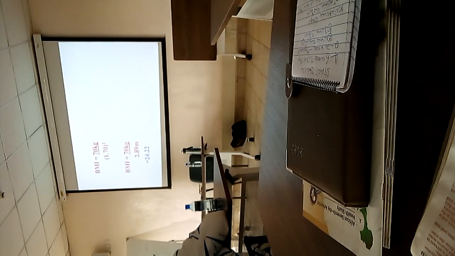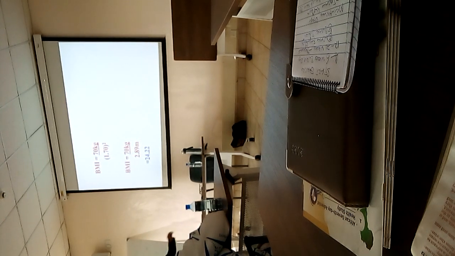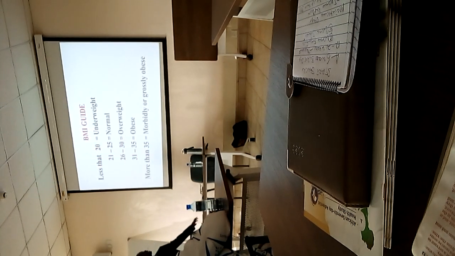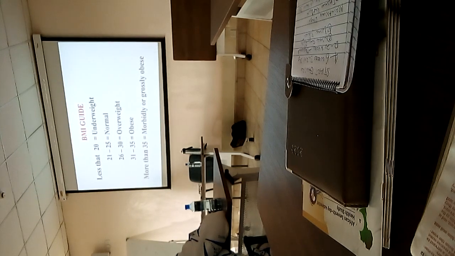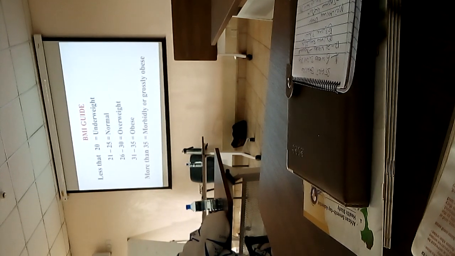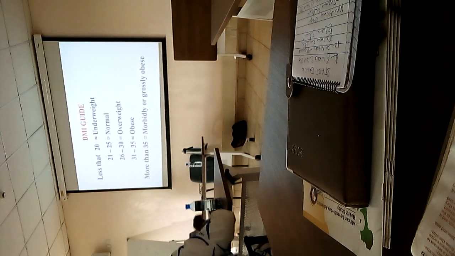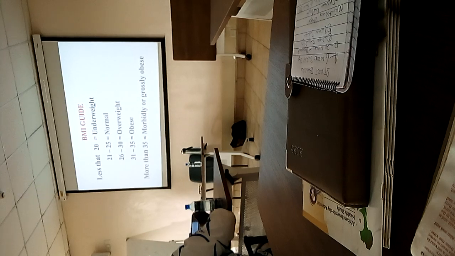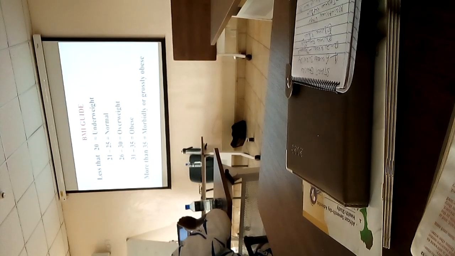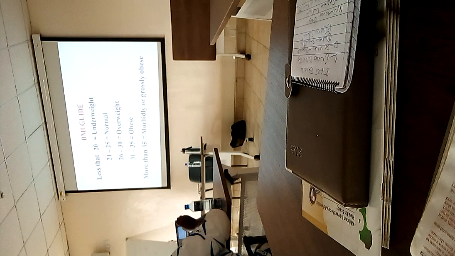Now, there is a BMI guide to compare this with. This is the guide. If your BMI is less than 20, you are underweight. If your BMI is between 21 to 25, you are normal weight. If your BMI is between 26 to 30, you are overweight.